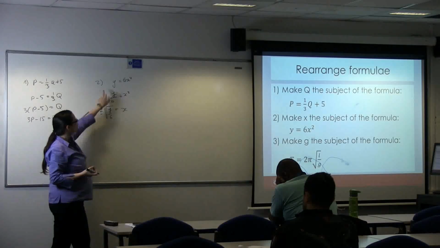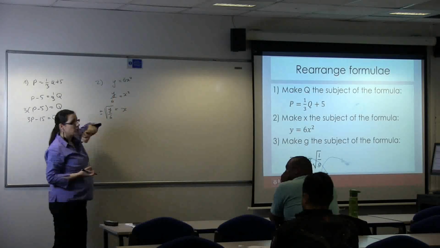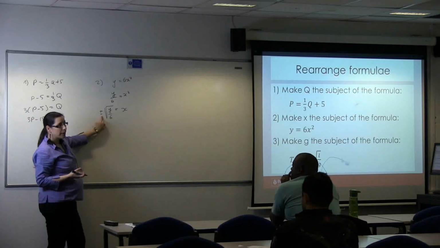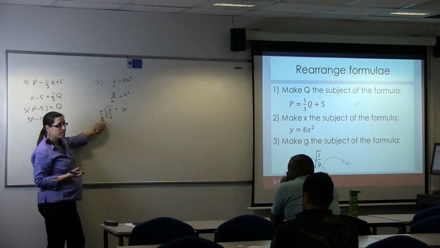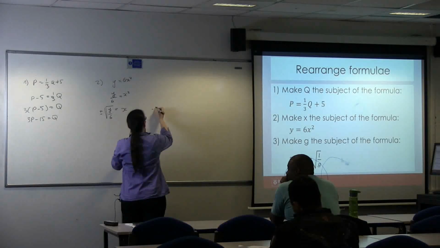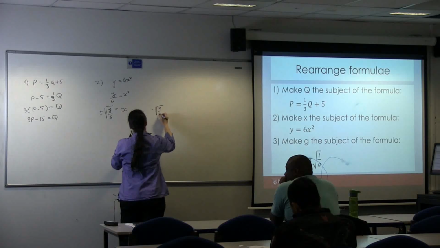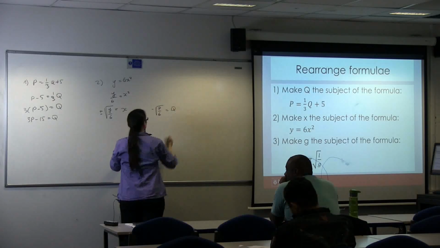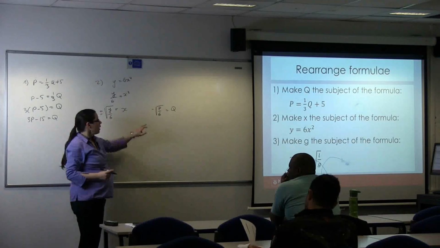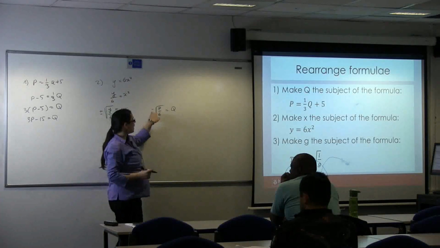Now, if instead of y's and x's, I was working with prices and quantities, would I have a negative here? Can I have something like minus square root of p over 6 equals q? No. My quantity then would be negative.